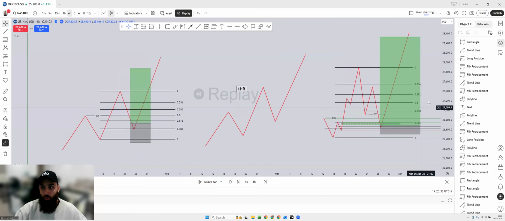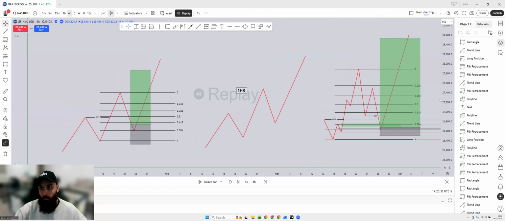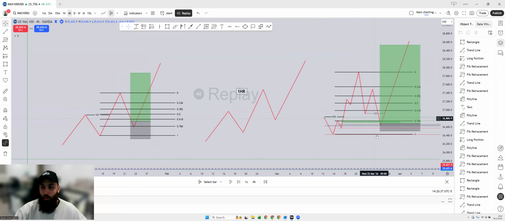Right. Now, on your higher time frame moves like this, what you might find is that you have other draws on liquidity, like time-based liquidity, like Asian session lows or previous day lows. These can be used as fuel for this move upwards, right?